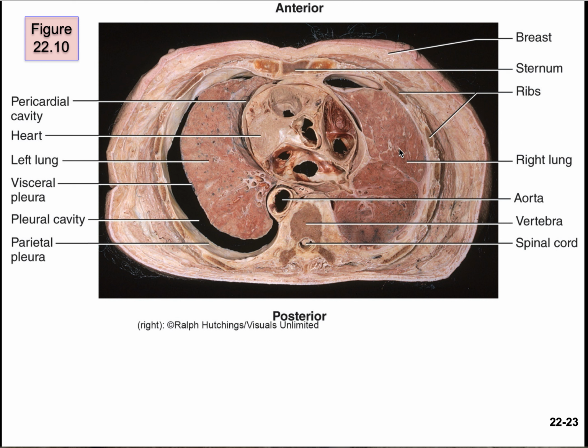Now, right and left, because the belly's up here, right, and you're laying on your back. On the left side, left lung right here, you can see it, and on the right side, you can see the right lung. Then notice that there's a space, and that space around the lungs is called the pleural cavity.